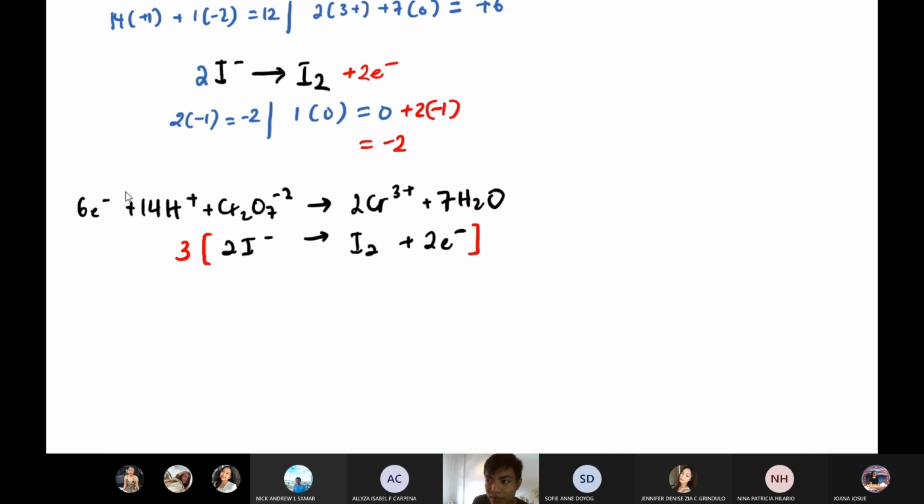I mean, times 3 to make it 6. If you did 6 times 2, 12, that's okay, but you need to reduce your final answer by 2. If your coefficients are even numbers, divide them by 2.